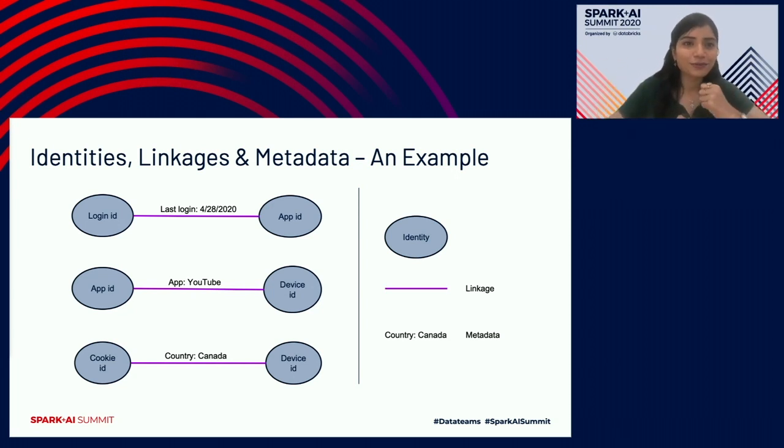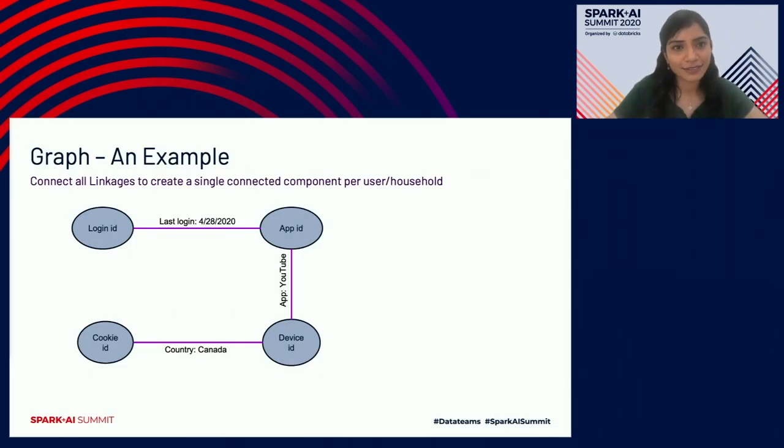So here in the figure shown, we are considering the customer identities as nodes, and the relationship between two nodes is represented in the form of linkage, and any additional attributes about the node or the linkage is represented in the form of metadata. So graph data structure is going to hold all the identities that belong to a customer in the form of a single connected component along with the relationship information and metadata information.